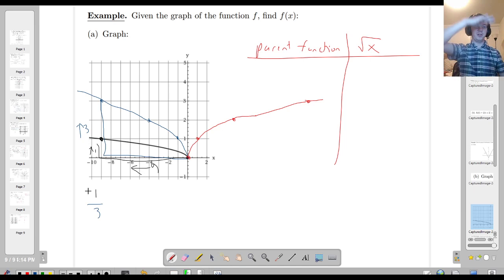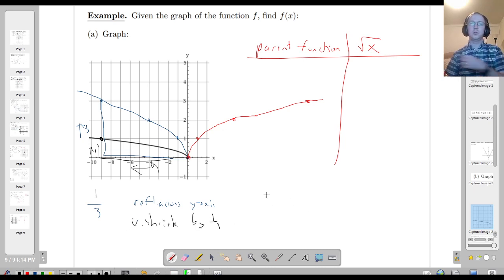It is squattier and shorter than it used to be. So the things that we see happening: we have the parent function there, we had a reflection across the y-axis, and we had a vertical shrink by a factor of 1/3.